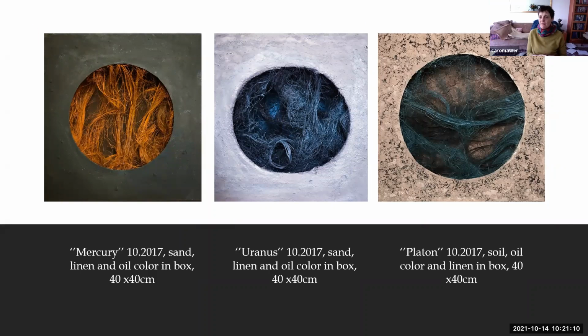So the actual location of the rope, the linen rope and stuff, did you decide how that was going to be, or did you just move that with your paintbrush? No, I decided, because I look at the atmosphere of Mercury, Uranus, and Saturn in my books. So I decided how to move it, and I make it.